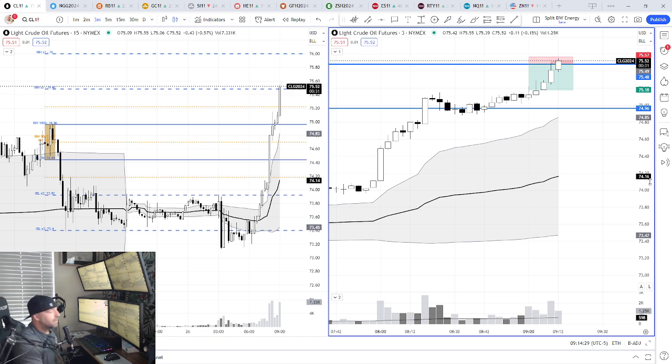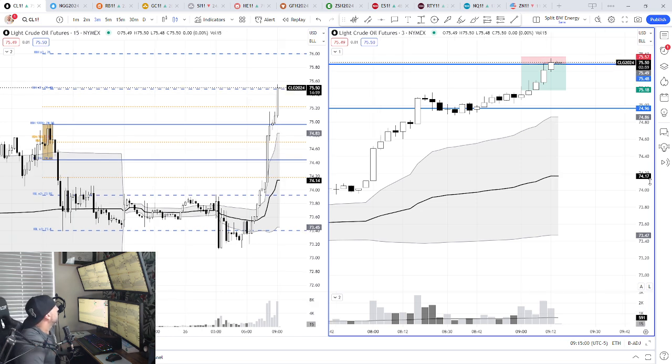Now this is a zone. We want to give it a little room to breathe up here. Might chop around this area a little bit. Okay, back below our area.